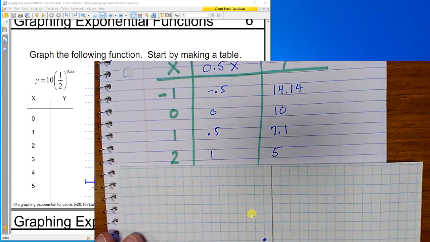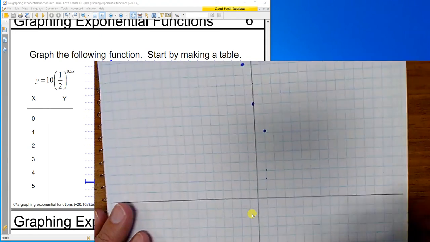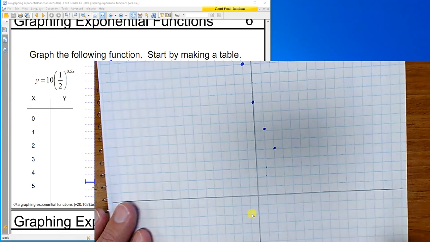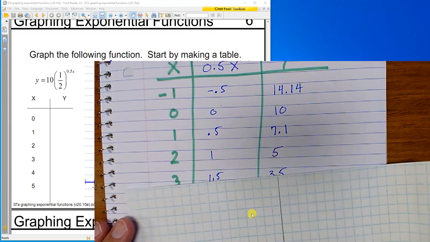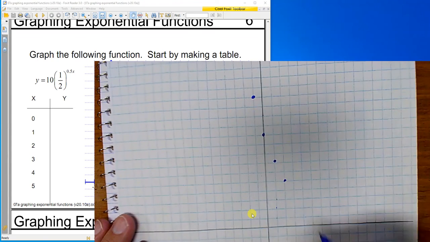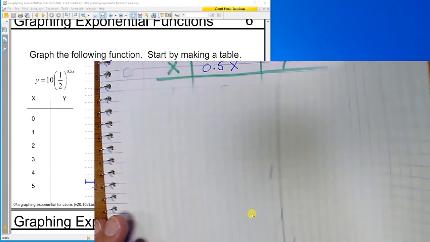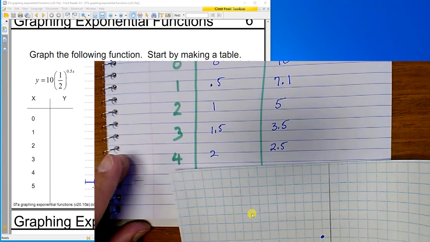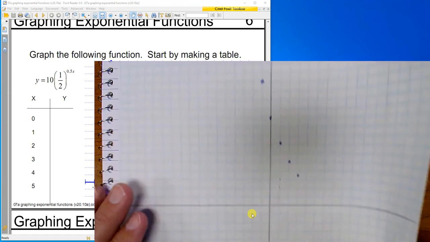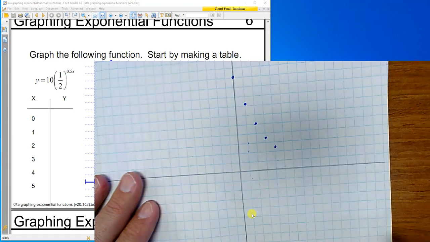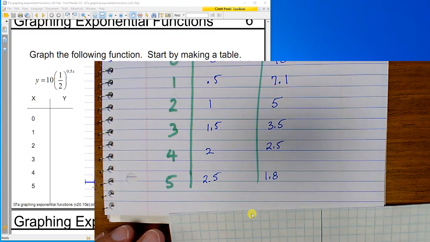Next point, 2, 5. Next point, 3, 3.5. Next point, 4, 2.5. Next point, 5, 1.8.